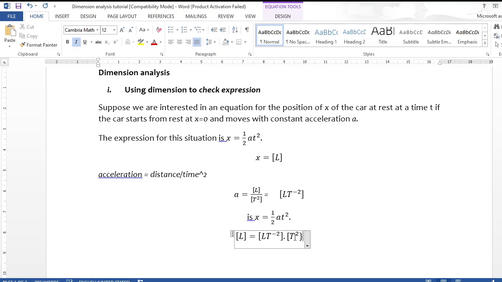So from the equation x equals half a t squared we have the dimension equation: dimension of L equals dimension of L T to the power negative 2 times T to the power 2.